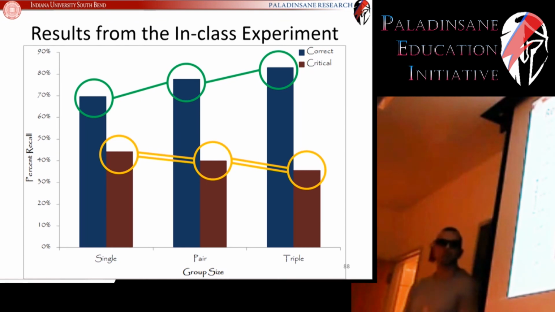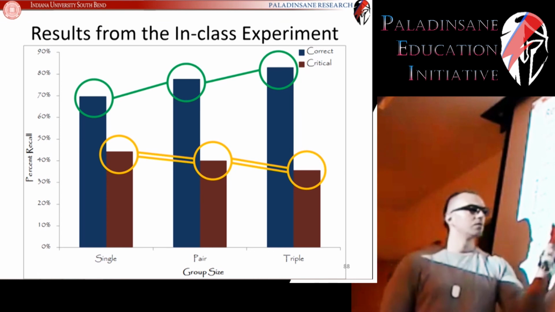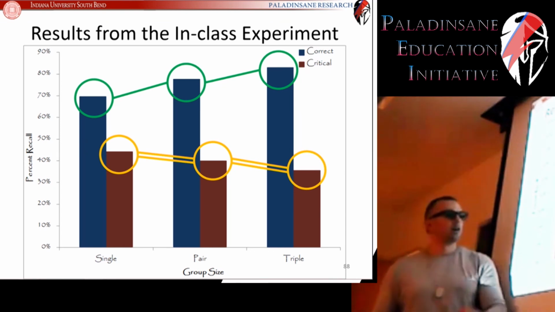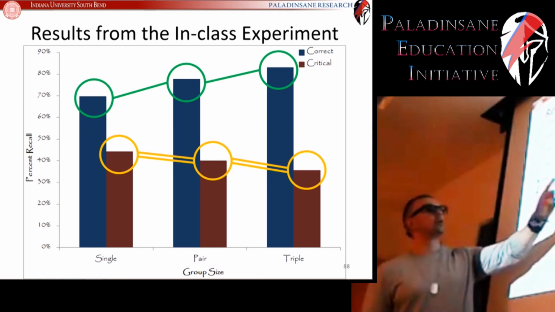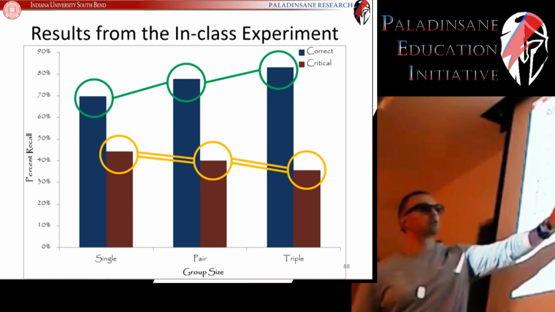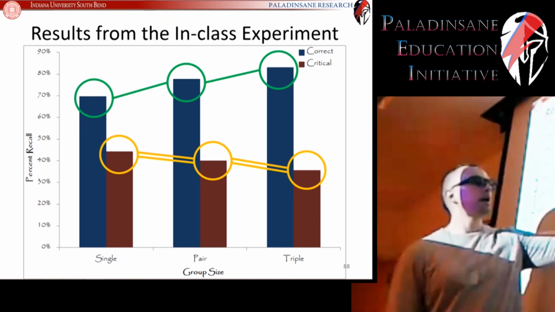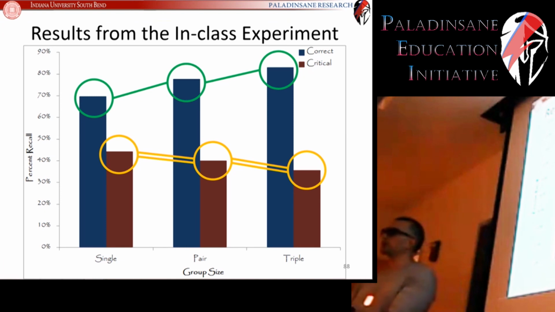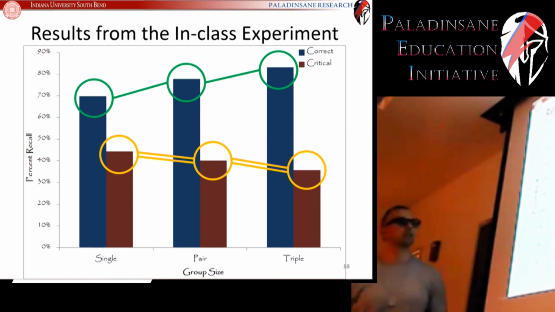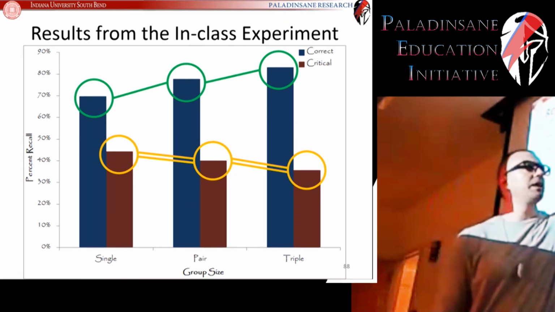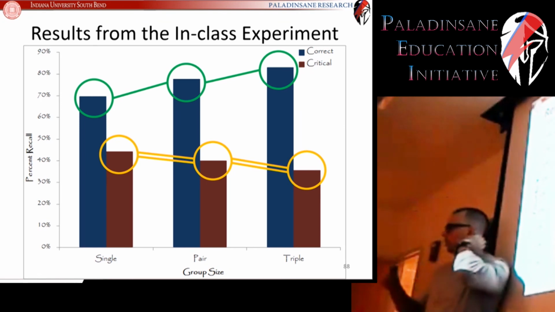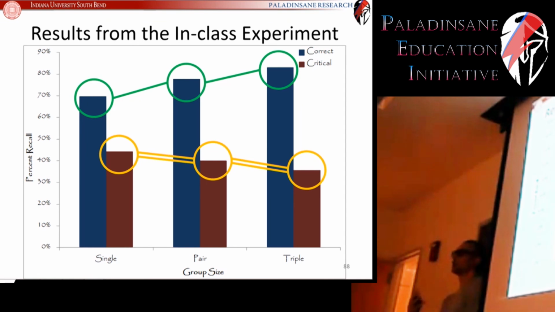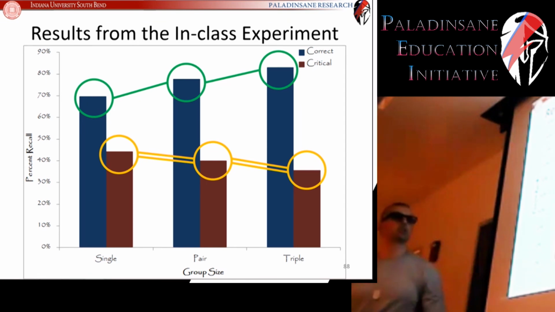So when it comes to talking about false memories in singles, pairs, and triples, we will actually write that singles had the same amount of false memories as pairs did, and pairs had the same amount of false memories as groups of three did. And we'll report the numbers because we're writing the results section. But in that results section, we report the statistical conclusions, not the way it looks to us as human beings. So that's just an important thing to keep in mind.